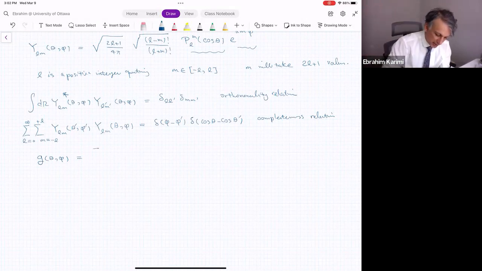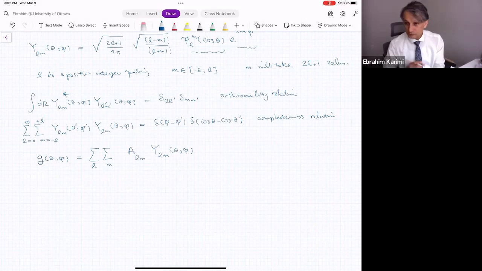So that can be expanded in terms of L and M. Remember, M is changing from -L to L. I don't write it always, so I will just write it as a summation of these two, and it can be expanded in terms of YLM of theta and phi. And that coefficient is given by ALM. Exactly like Fourier expansions.